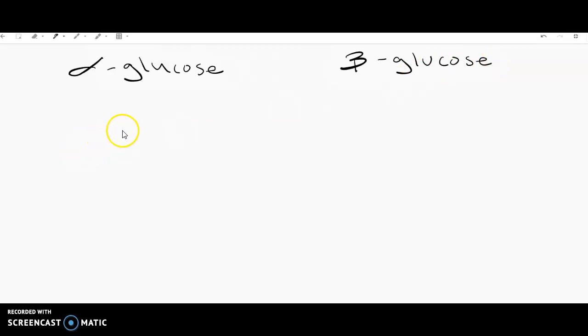Alright, so we're going to draw alpha glucose and beta glucose. I always start with the background here.